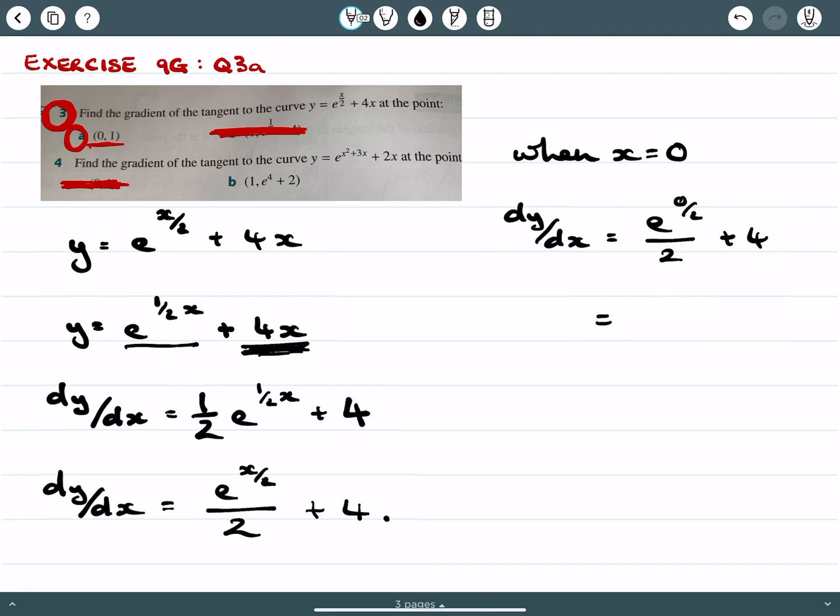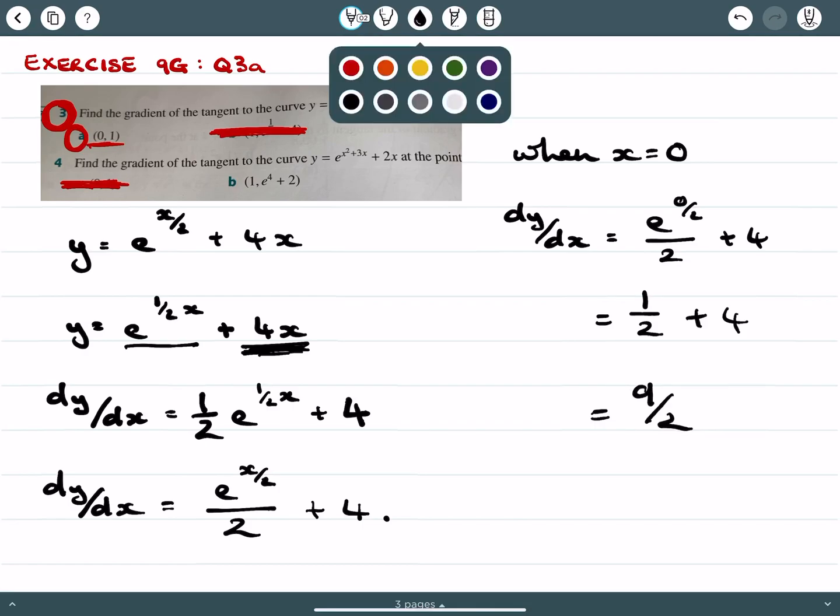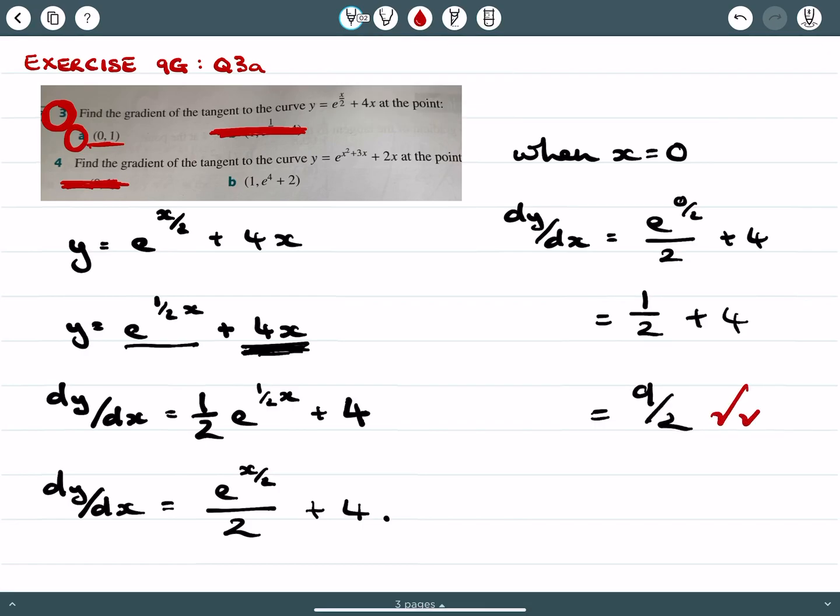Now if I know my values, e to the 0 on 2 is e to the 0, that's just 1 on 2, plus 4, which will give me 9 on 2. And if we check it, it is correct.